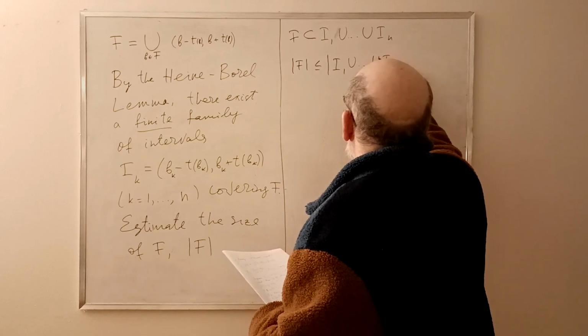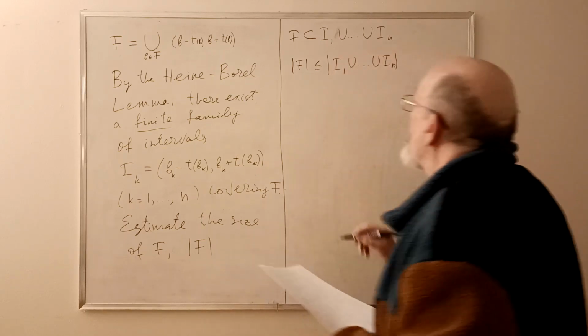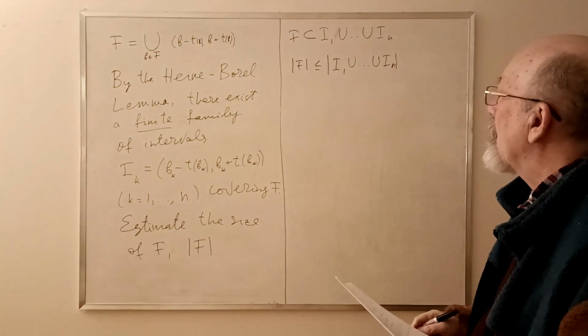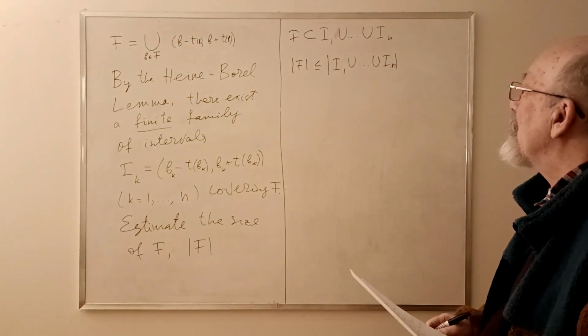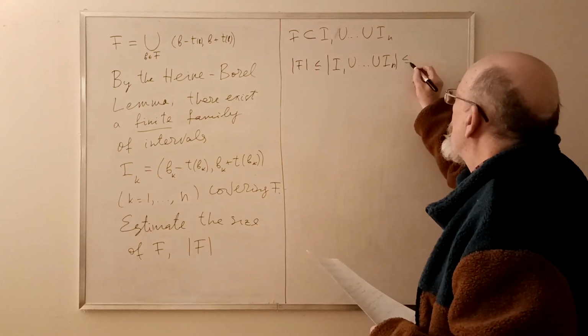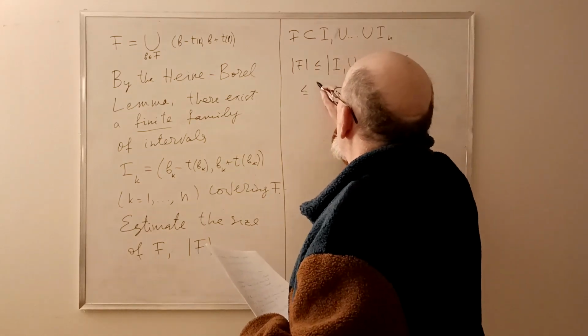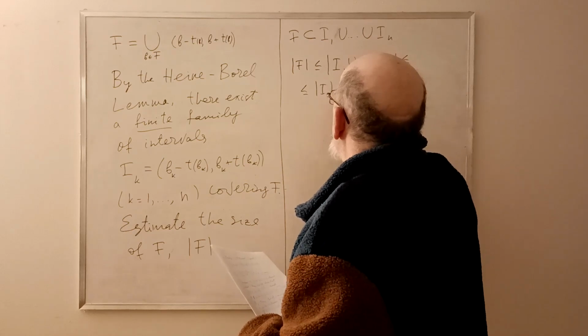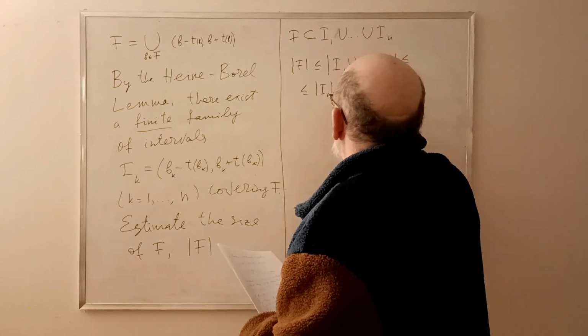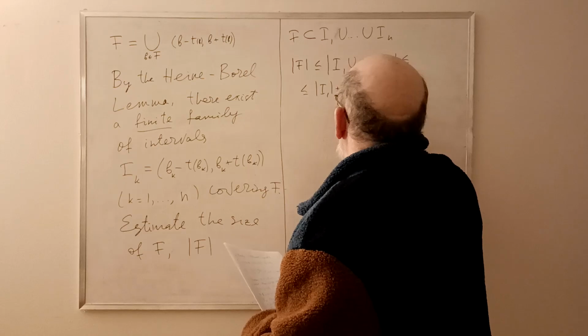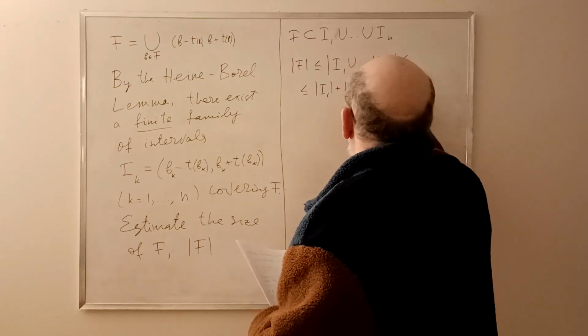Now, the length of a union of intervals is not more than the sum of lengths. So it is less or equal to the length of I1 plus length of I2 plus length of IN.